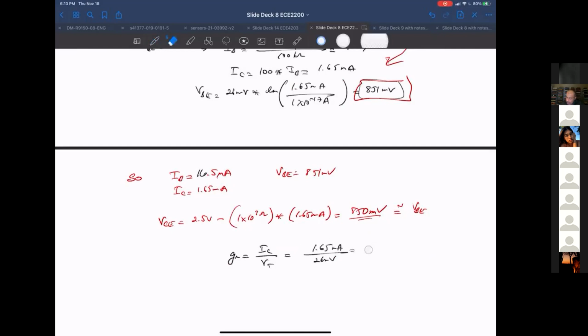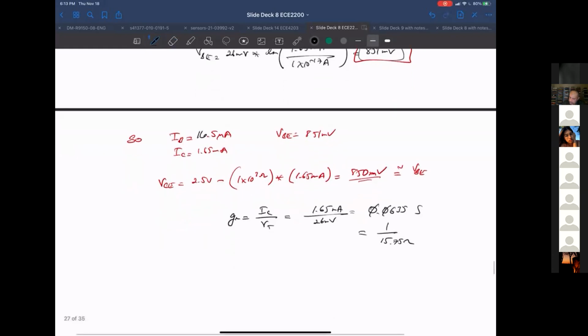Let's see. So what does that do for us? 1.65. So that gives us 0.2635 Siemens, or 1 over 15.75 ohms.